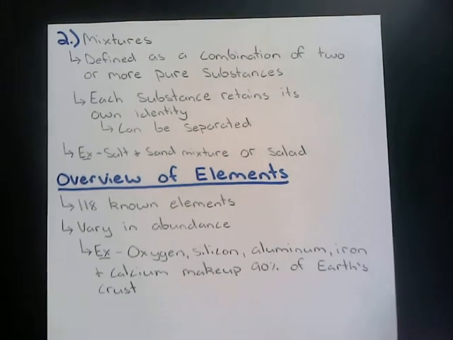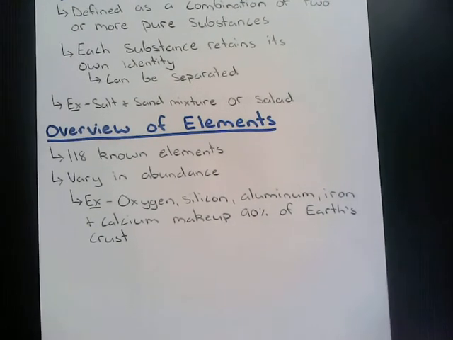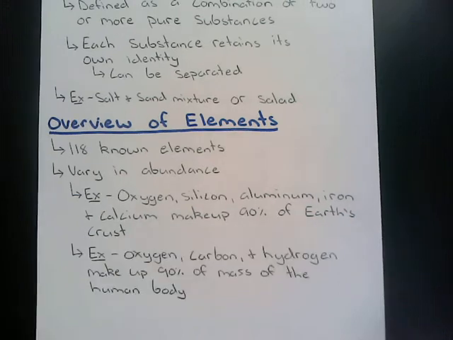Another really good example of how elements vary in abundance is what is in the human body. So in the human body, oxygen, carbon, and hydrogen make up about 90% of the mass of the human body. Now, each element that we have known is given a unique name and is abbreviated by a chemical symbol.